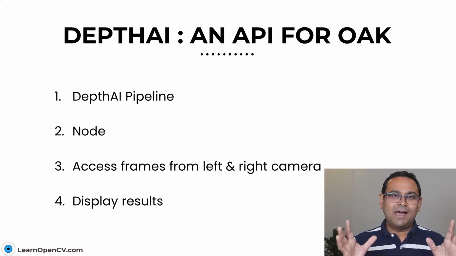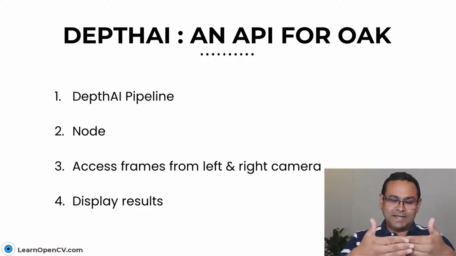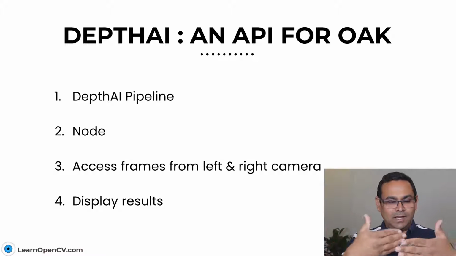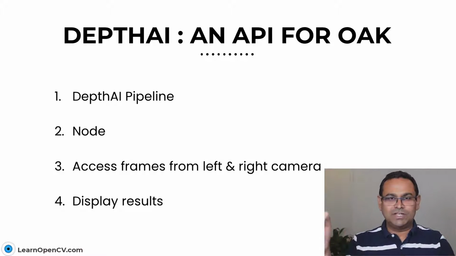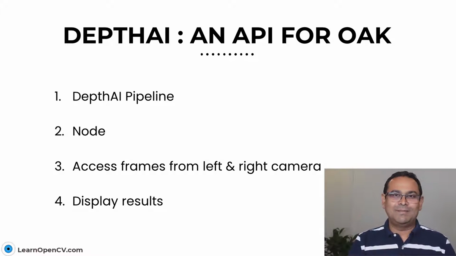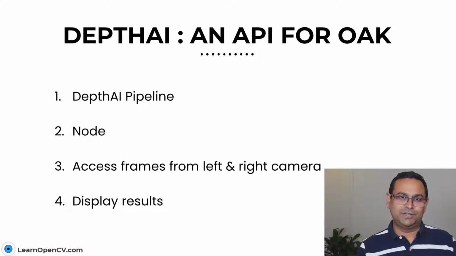You will see how disparity, which means the change in viewpoint, leads to the same point being displayed at two different locations in the two different camera frames, and how that information can be used to create a depth map. I'll talk briefly about it. In the next video, we will go into depth on how stereo vision works.